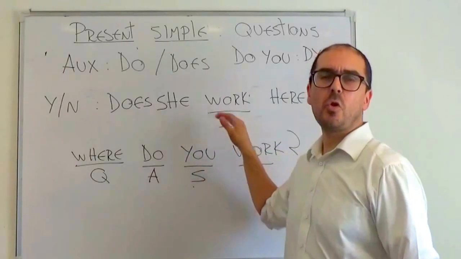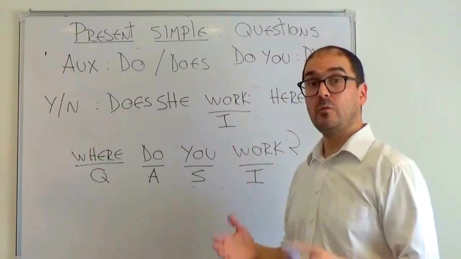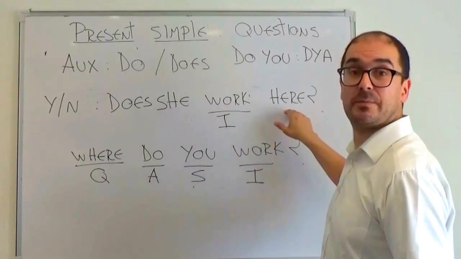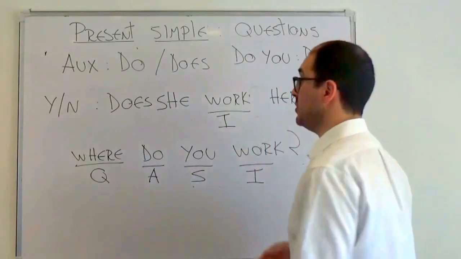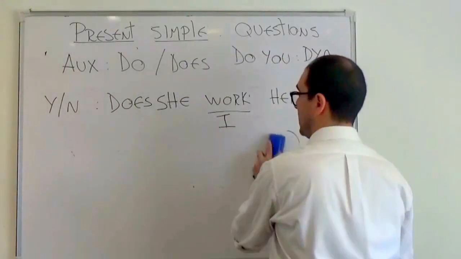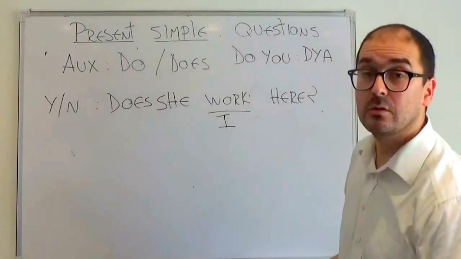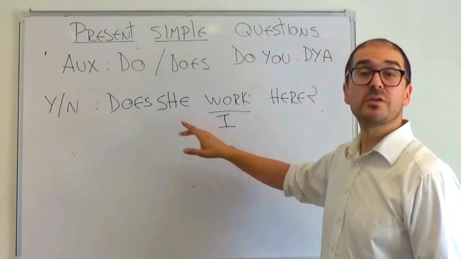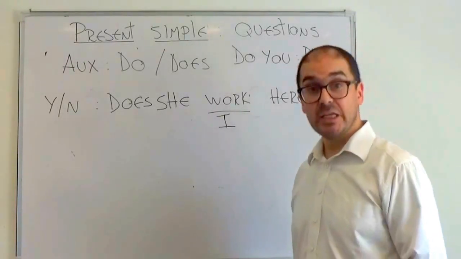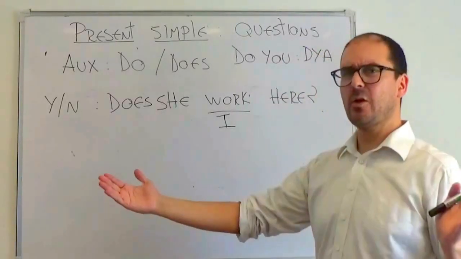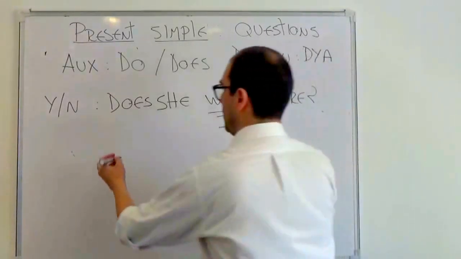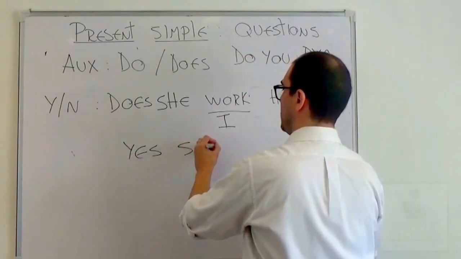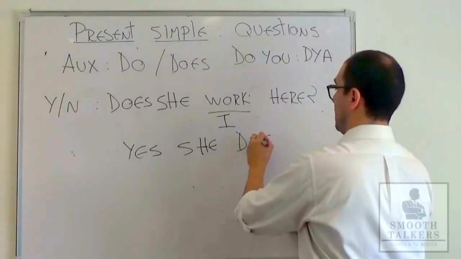Now, yes or no questions are very useful when we want a short answer. Does she work here? The answer is going to be, of course, yes or no. But when answering yes, there's no need to say, "Yes, she works here." It's a very long answer, isn't it? We have to say, "Yes, she does."